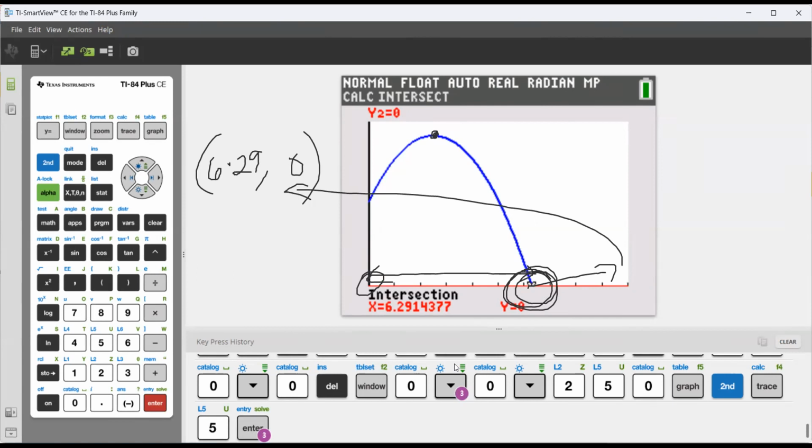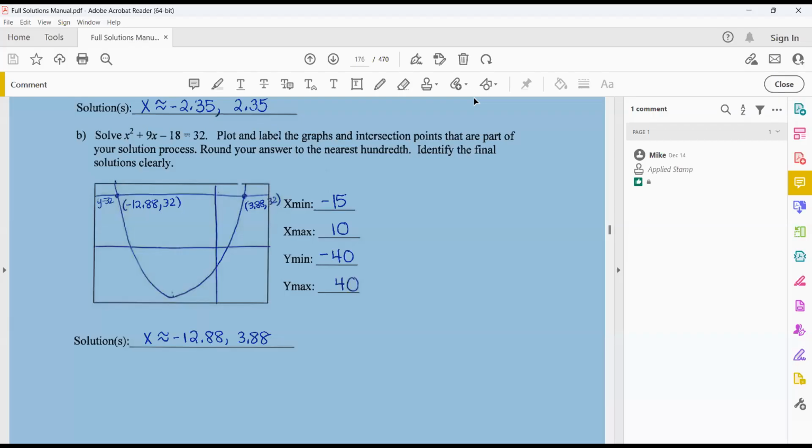So let's go back to the workbook. And then let's look at what we need.